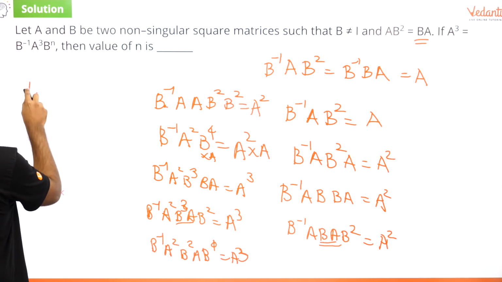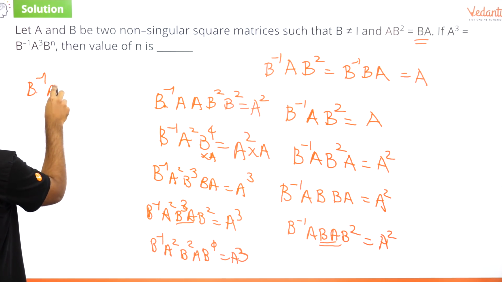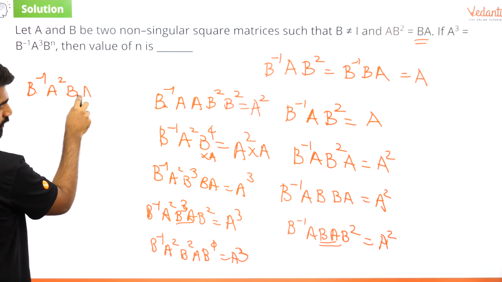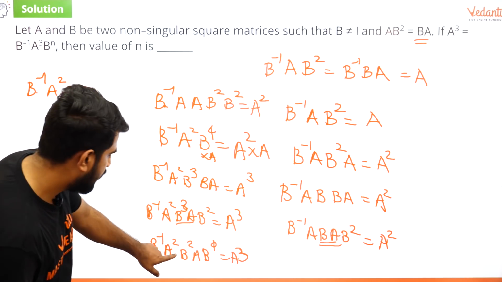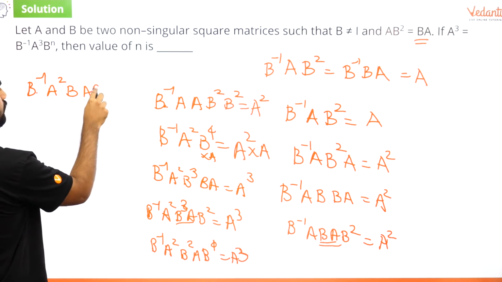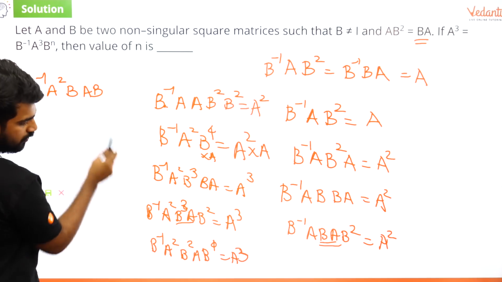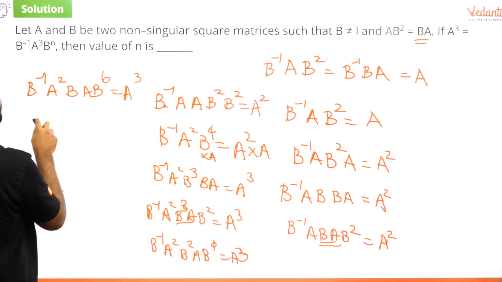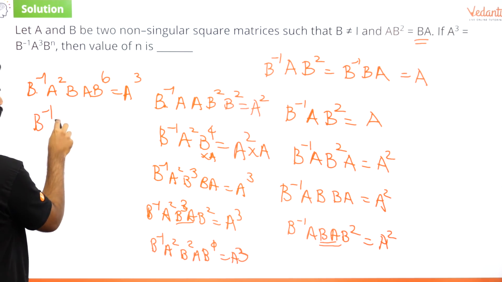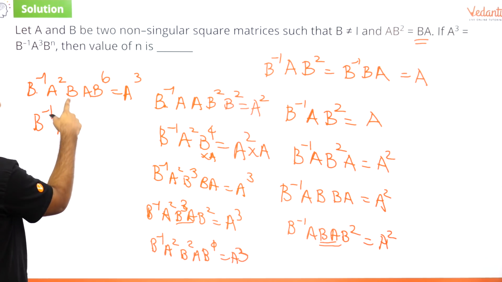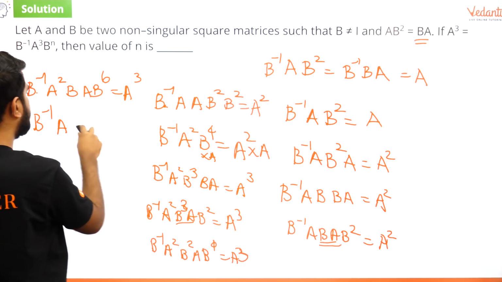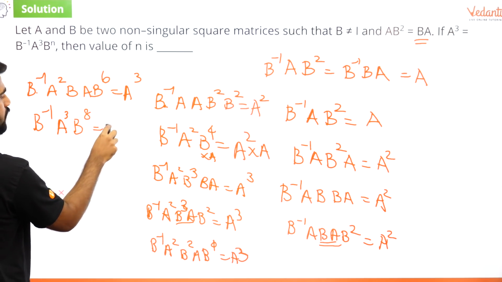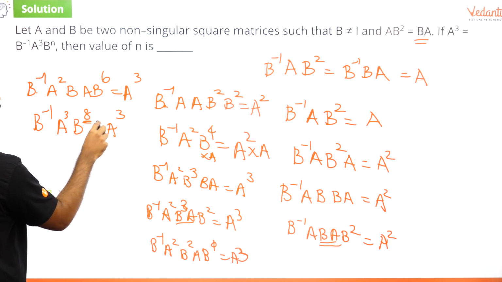Now next step will be B inverse A square B. But if I take one B, it will be AB square. AB power, here 4 is there, it will become 6. So it is going to be equal to A cube. Then it will be B inverse A square into BA. BA is going to be AB square, right? So A cube, B square and B power 6 will be B power 8. So what is the answer?